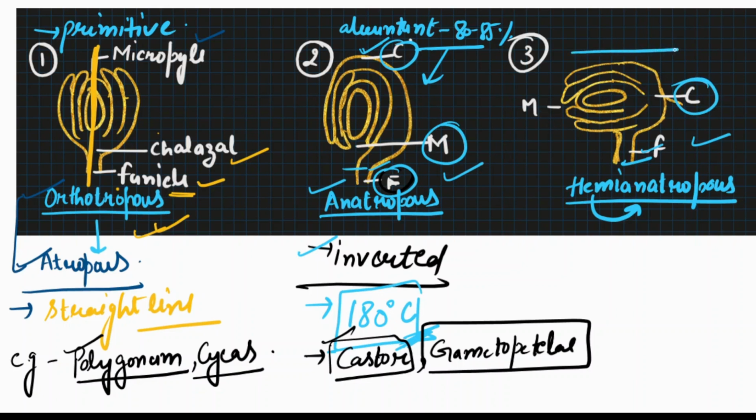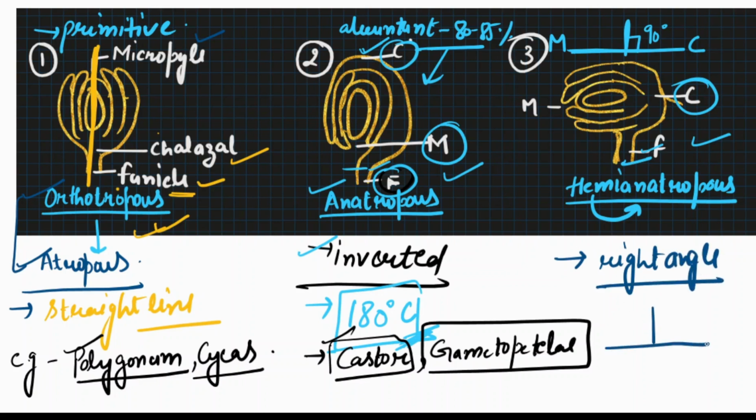So if we see, this is the micropyle end, this is the chalazal end, and this is the funicle. And what is the angle? That is the 90 degree angle it will make. Okay, so what is hemianatropous? The ovule appears lying on its side because the body developed at the right angle. Okay, so it will form the right angle.